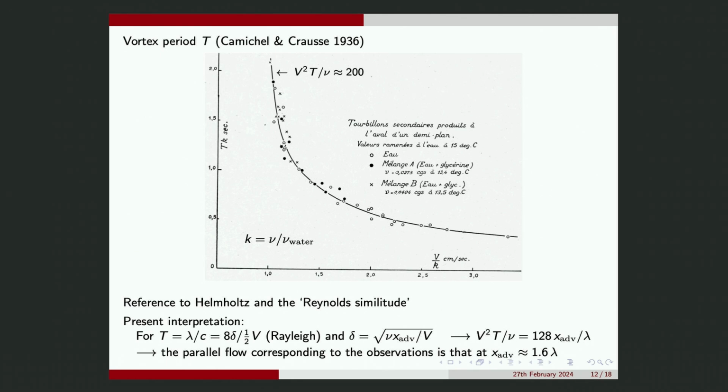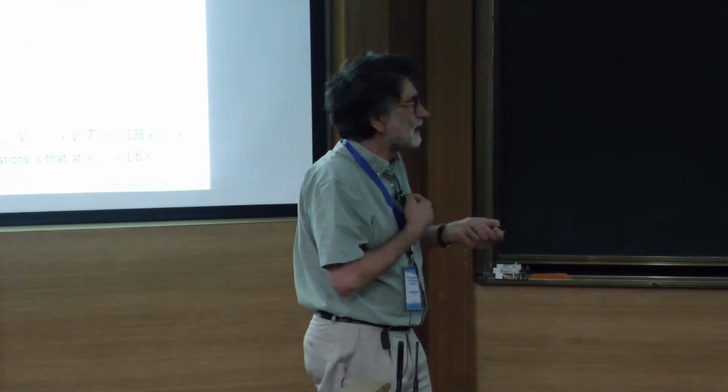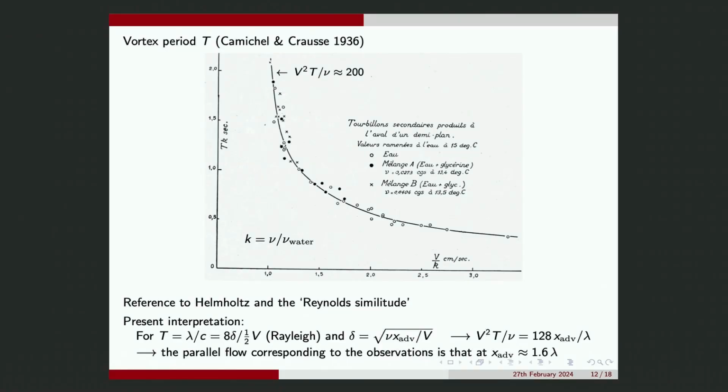Okay, and if we consider the growing thickness of the vorticity layer, we find that the product, which is a kind of Reynolds number, is about 100, the ratio of an advection distance divided by lambda.